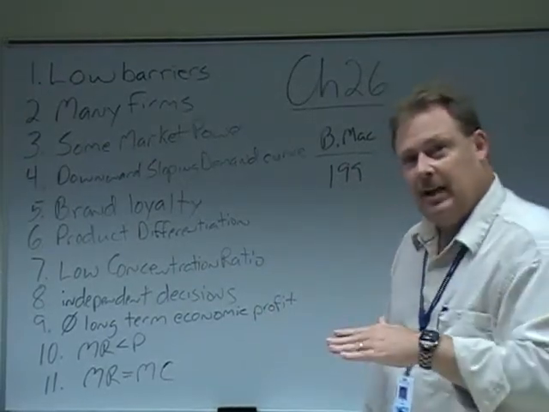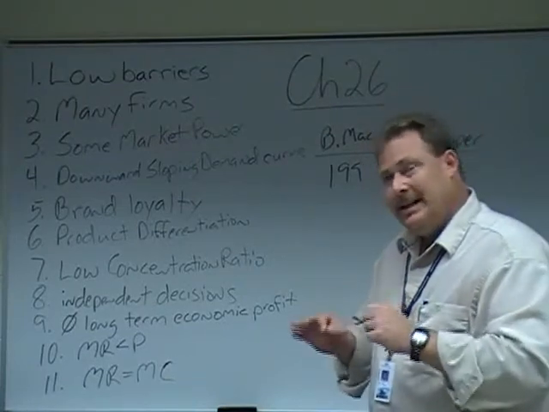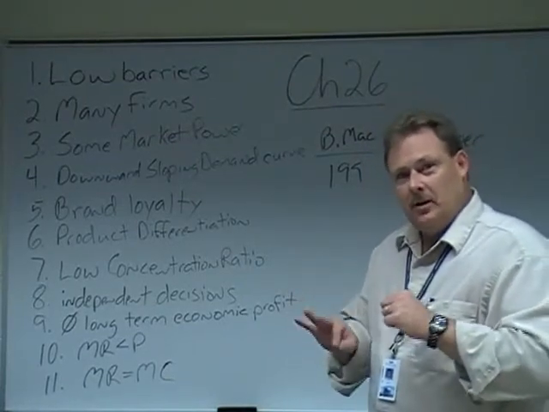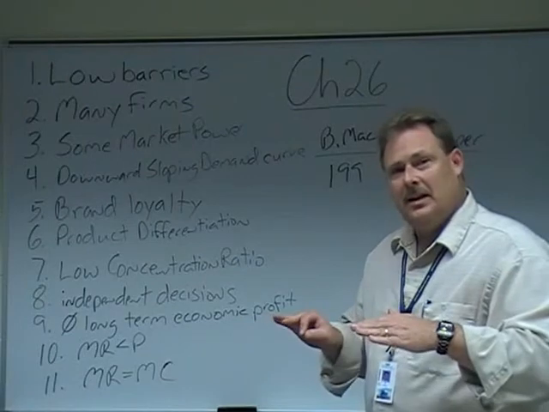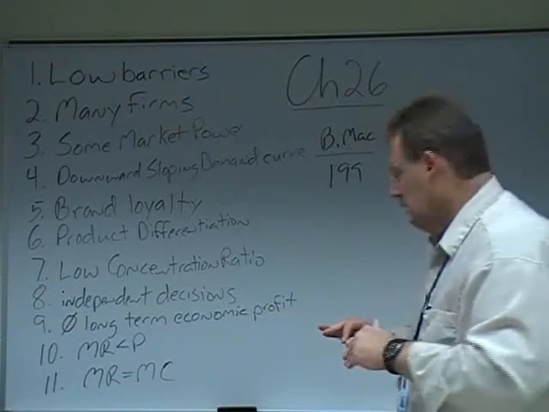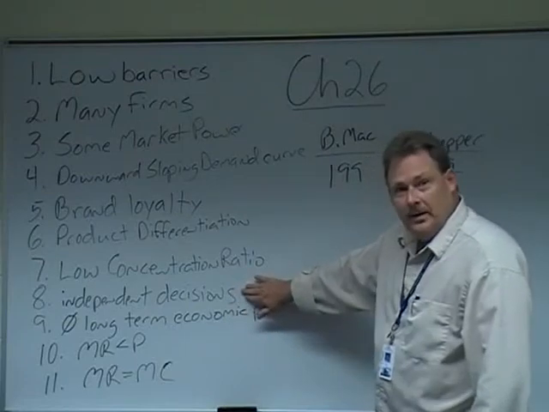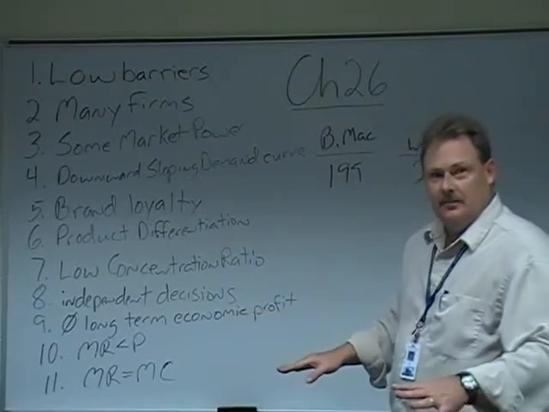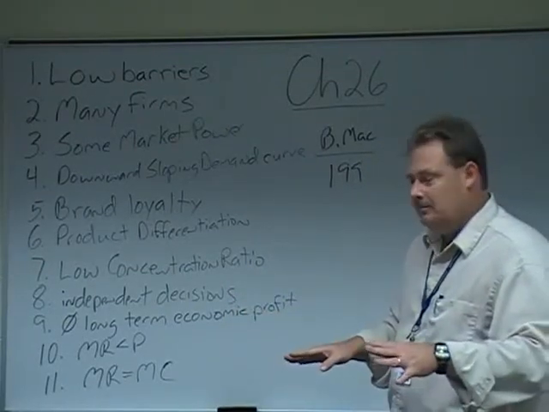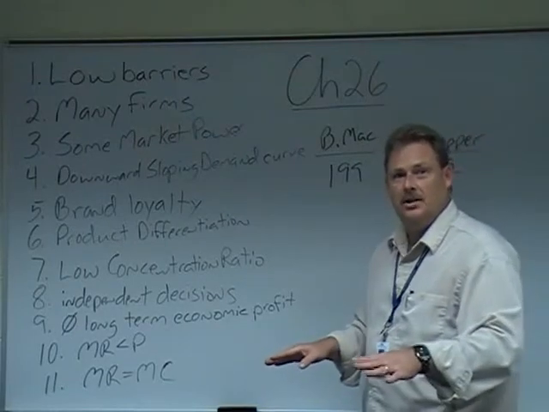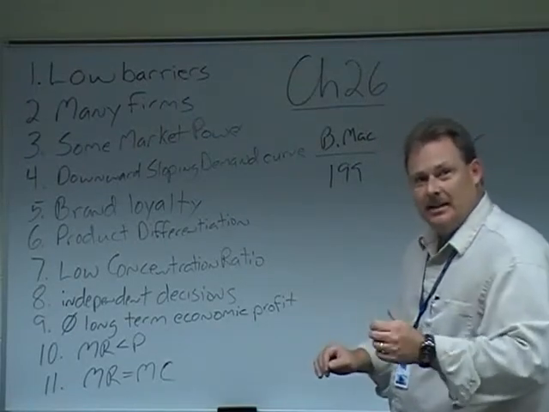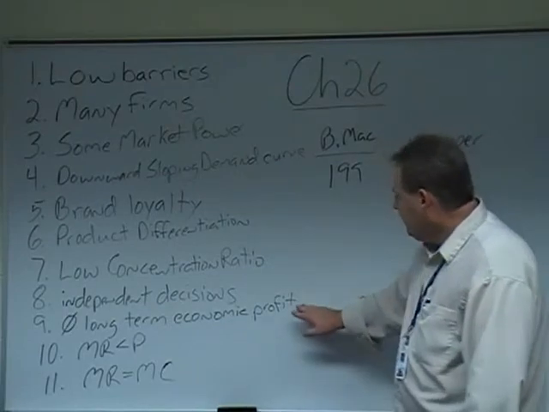We're looking at very low. If we look at the biggest four restaurant chains in America, they still produce very little of the total. Independent decisions. The reason for that is there are so many of them that they can't use their energy watching each other. They typically just make decisions based on themselves.